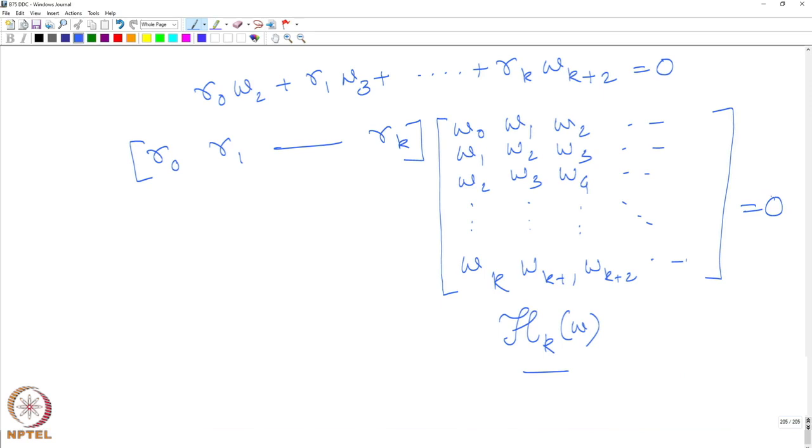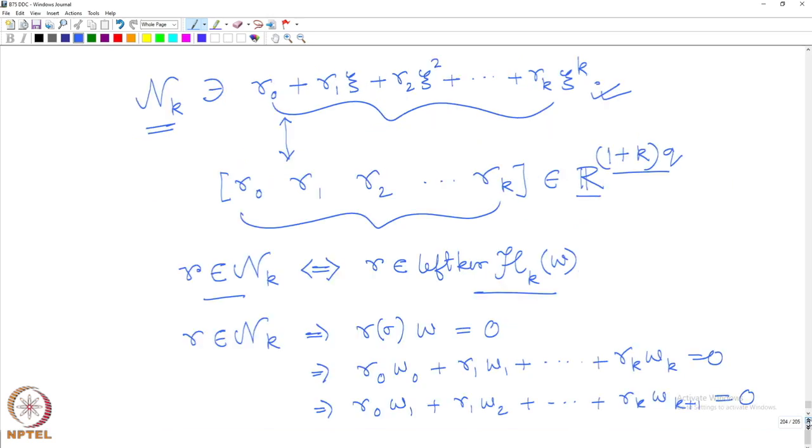This is equal to 0. So, every column in this HkW must be orthogonal to this guy, because we have this, and you just reverse the argument.